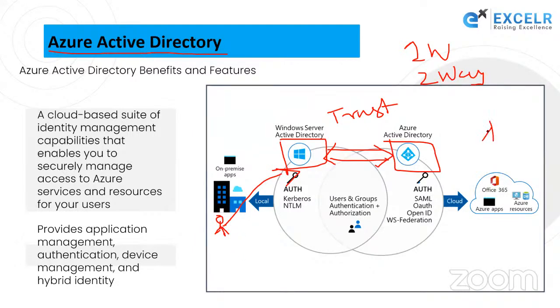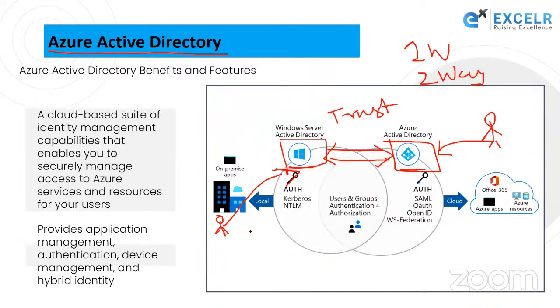Any user who is part of the Azure world who wants to authenticate can go here and authenticate. So at any given point of time, the Windows Active Directory and the Azure Active Directory will have the same state of information for all the users within the organization.